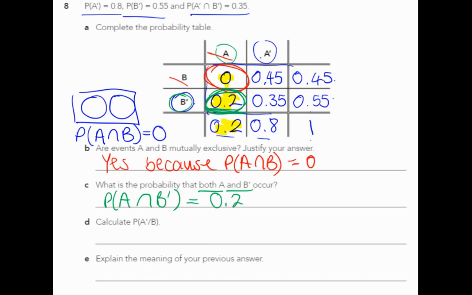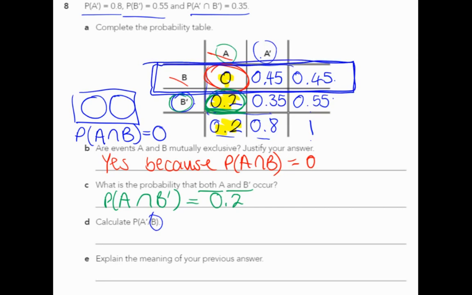Now, we want the probability of A dash happening, given that B already happens. Okay, so we want a whole probability. So we're going to just look at the probability of B happening. We are just looking at that box there.